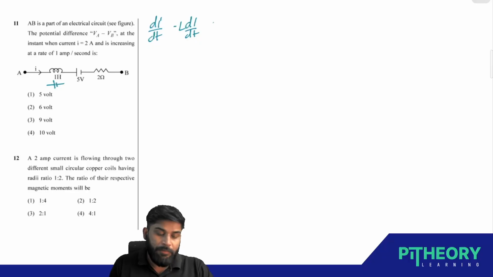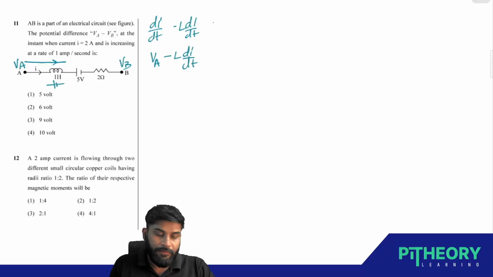Now, suppose I move from A to B, and let's say the potential at A is VA, at B let it be VB, correct? If I'm moving from point A to B, how do I write the potential variation? At the point A, potential is VA, correct? Now you are moving across the inductor, correct? When you go across the inductor, you have an opposing potential, minus L di by dt.